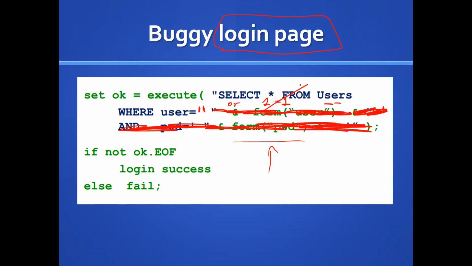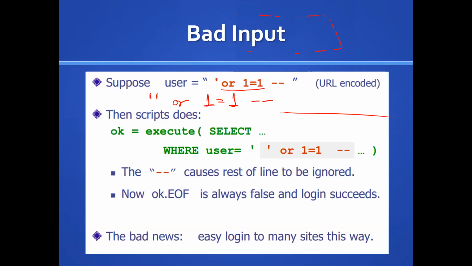And so even though this one did not match, this one is true. You can see that's the idea. And this is not the only code injection. You can do more, but this is just an example of what you can try and what I want you to try in your lab assignment.